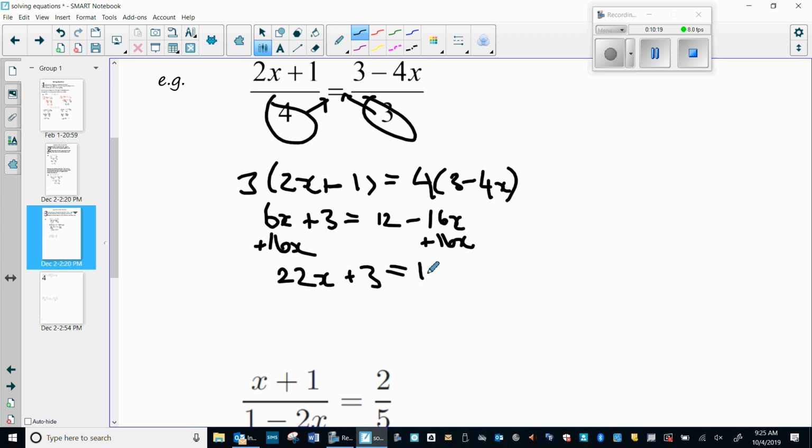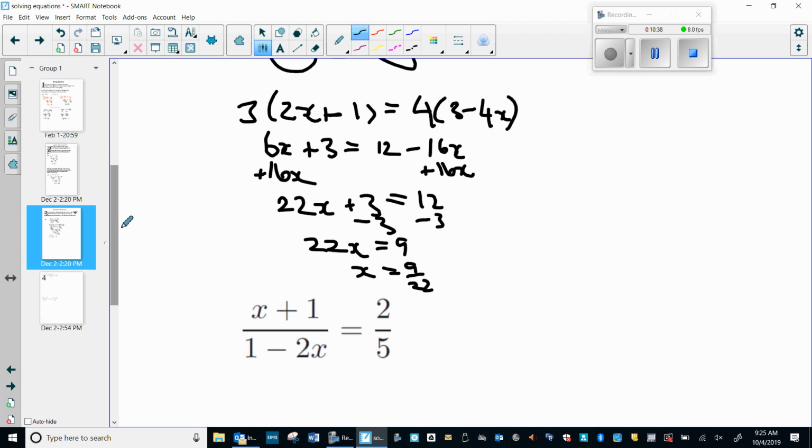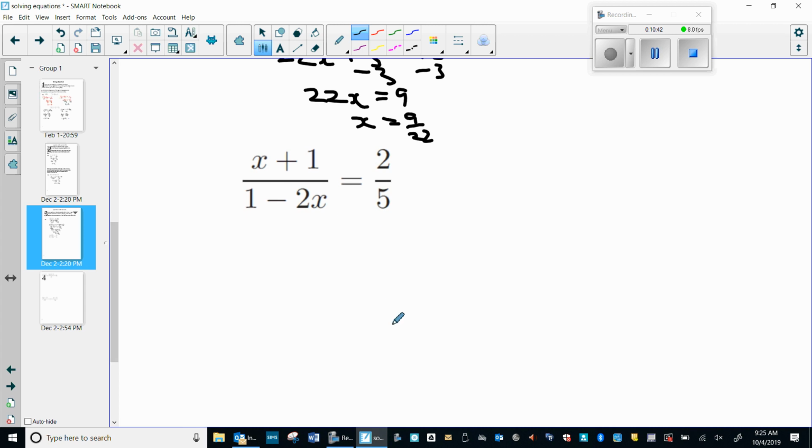And then you minus 3. Then that doesn't simplify, so you leave it as a fraction. Yeah? Next one. Are we good?